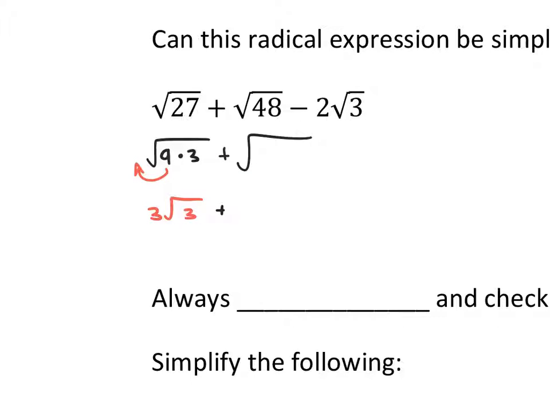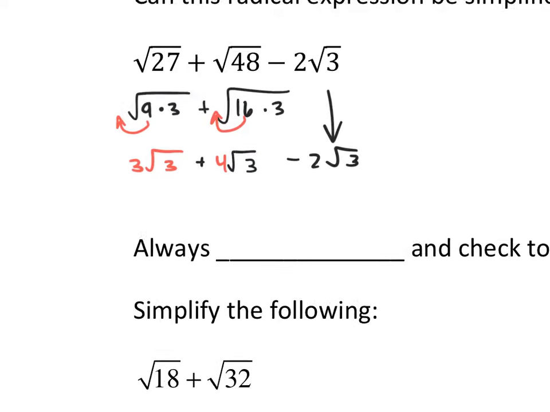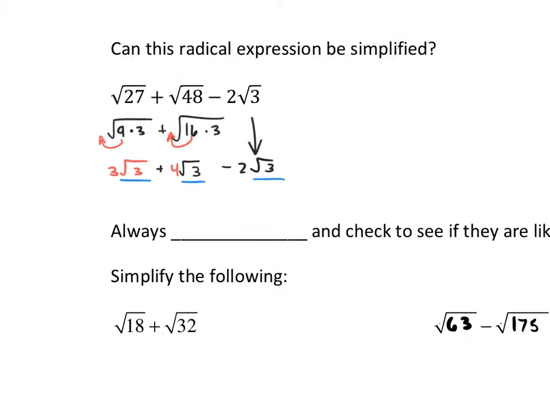The 48 can be shrunken down to 16 times 3, where we can square root the 16 to get a 4. And then there is already a minus 2 square root of 3 there. So after we did simplifying, you'll see that we do have square root of 3 for all of these.